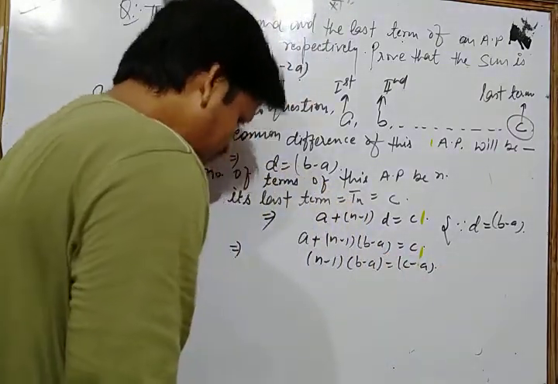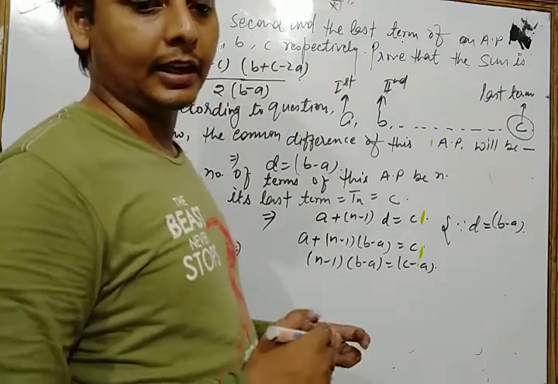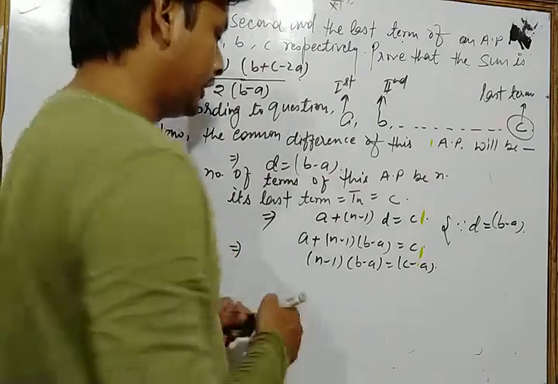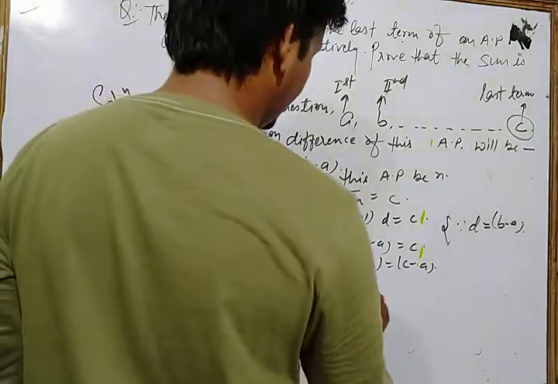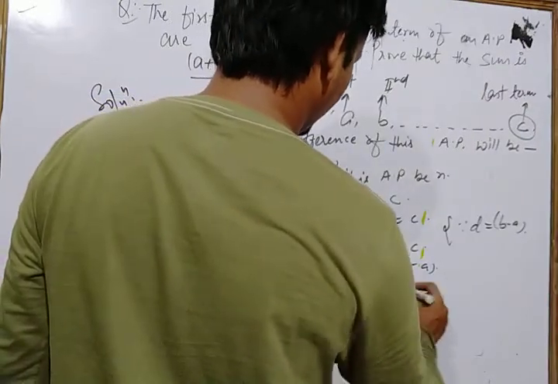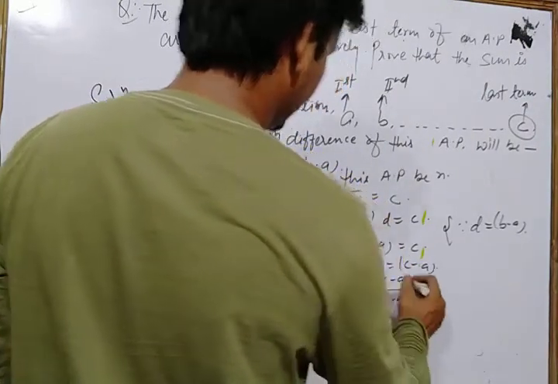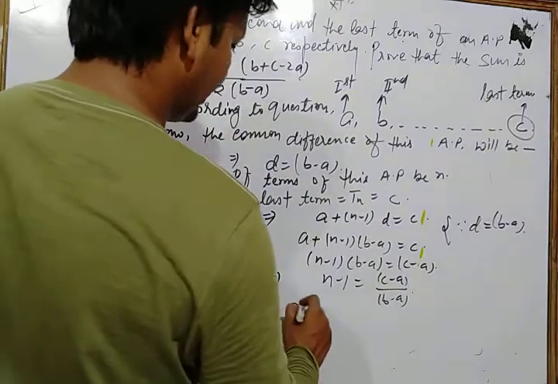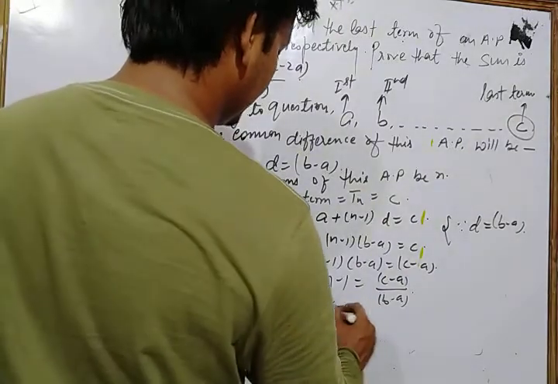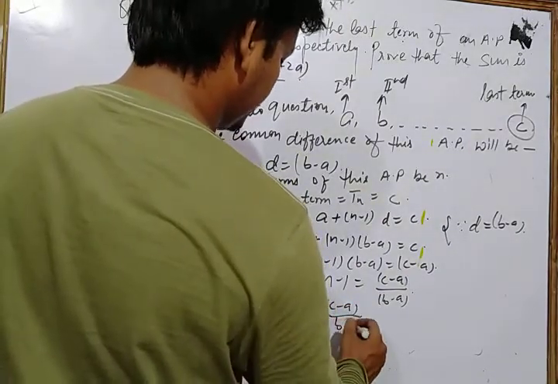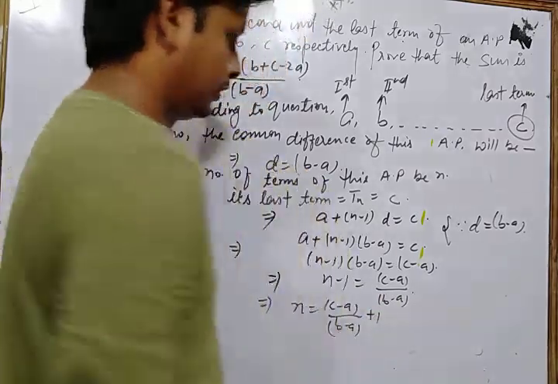So n minus 1 is equal to c minus a upon b minus a, and the value of n is c minus a upon b minus a plus 1.